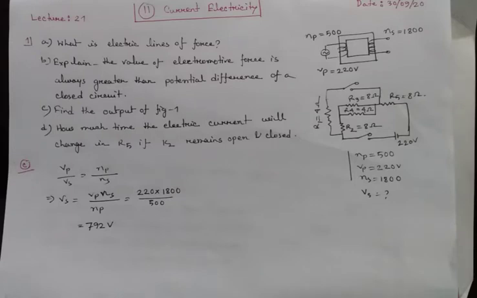But potential difference is also work done, but it is the work done for moving a unit positive charge from any specific point of a circuit to another point. So this work done is smaller than the work done for electromotive force. That's why the value of electromotive force is always greater than the value of potential difference.